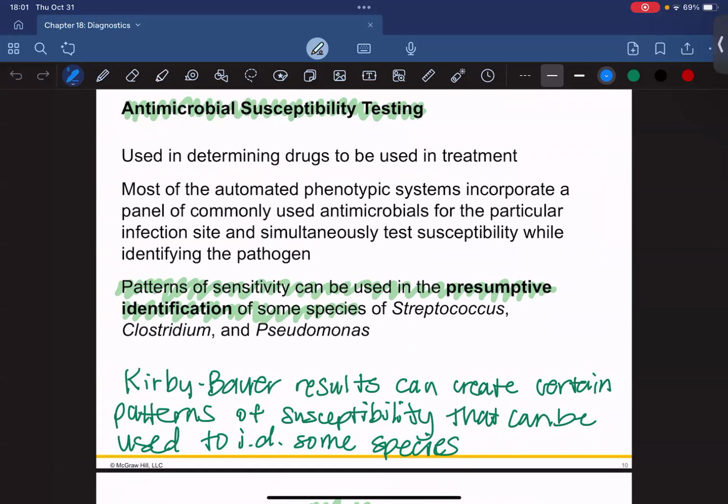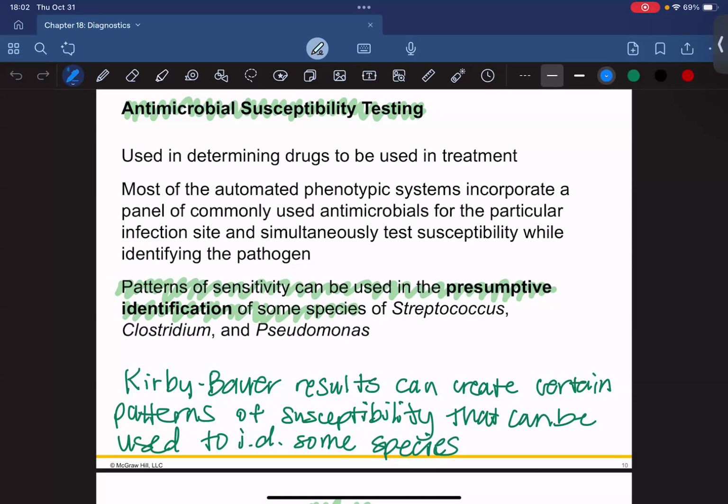We have antimicrobial susceptibility testing as well. Remember how when you guys put your Kirby-Bauer discs down, your gram-negative Kirby-Bauer plate might have looked different than another table's Kirby-Bauer gram-negative plate, right? So we can use those profiles of how they react to ampicillin and, I don't know, clindamycin, whatever antibiotic you want to look at.